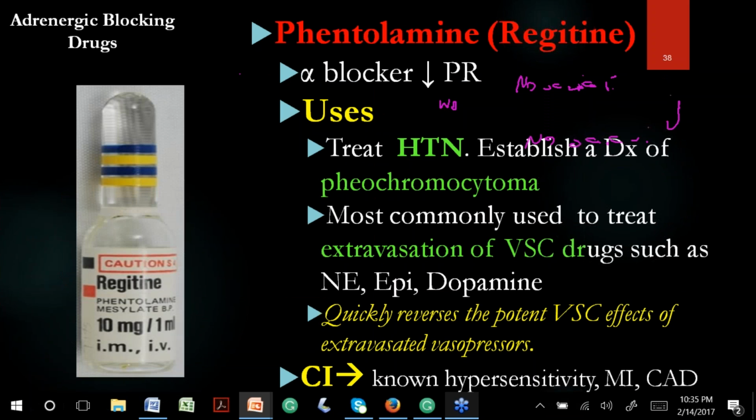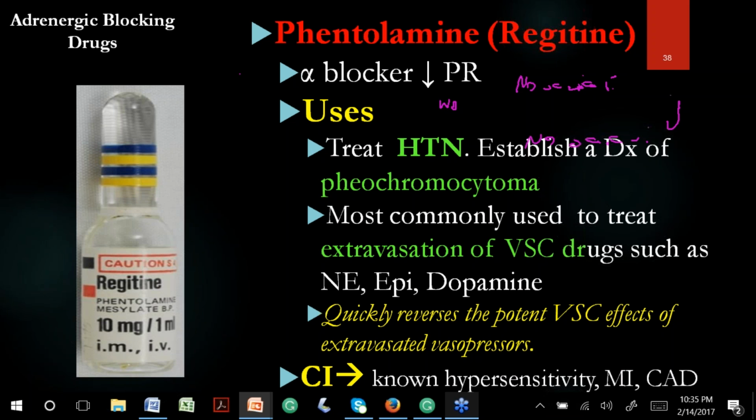All right, so that is the phentolamine. Another use that we have for phentolamine is the extravasation of vasoconstrictor drugs. If you give an IV or intramuscular injection of an adrenergic agonist, it is going to cause vasoconstriction of the vessels.